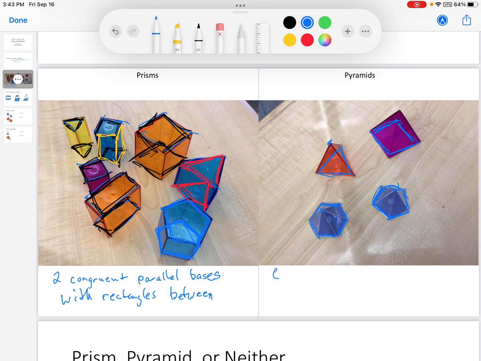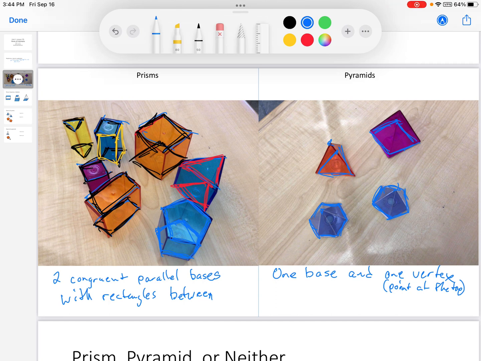So it has one base, and at the other end is a point, one vertex. A vertex is just a point at the top. But again, if I were to lay it on its side, it would still be a vertex. Get the idea so far?